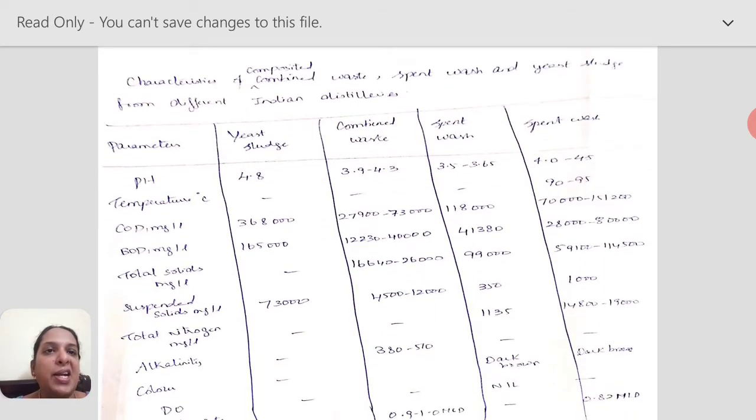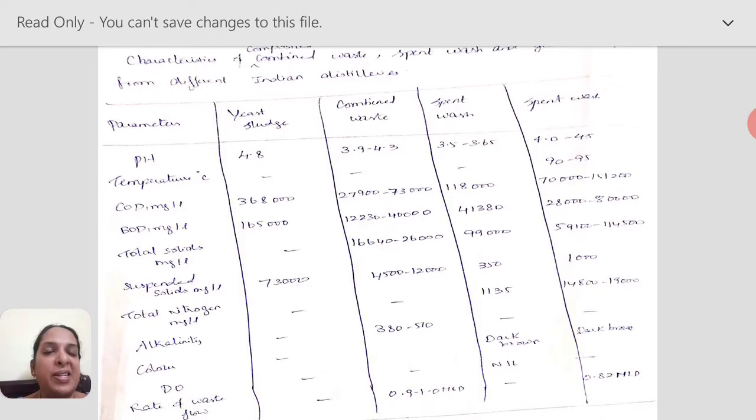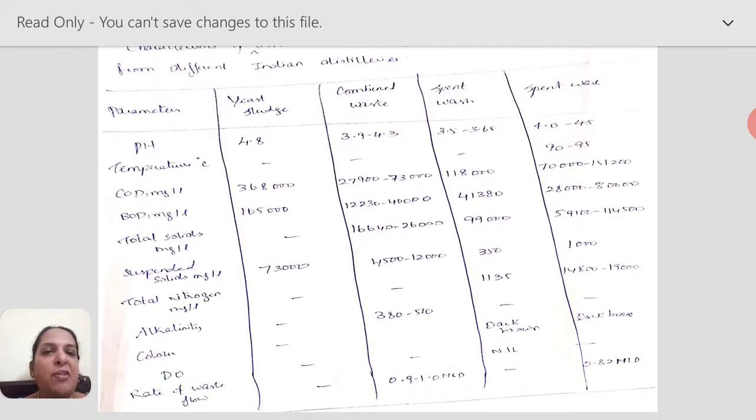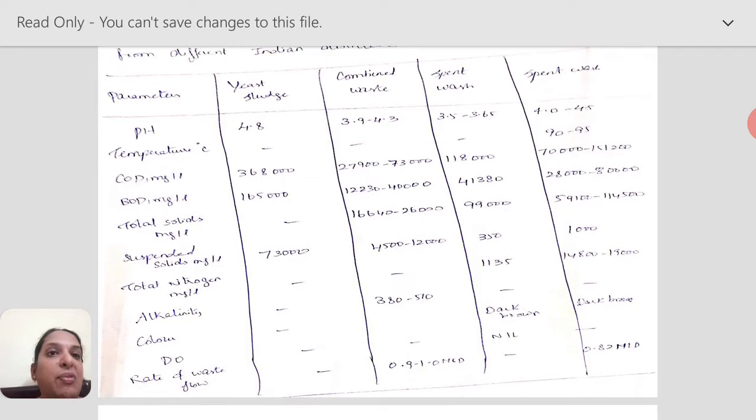These are the characteristics of the composite combined waste, spent wash as well as yeast sludge, from different Indian distilleries. You can see a variety of parameters here, starting from pH, COD, BOD, solids, alkalinity, color, dissolved oxygen, etc. Since the distillery unit is once again an organic industry, you can see COD and BOD are there, but compared to other industries, distillery units show very high COD, in the range of 70,000 to a highest of 1,51,000.